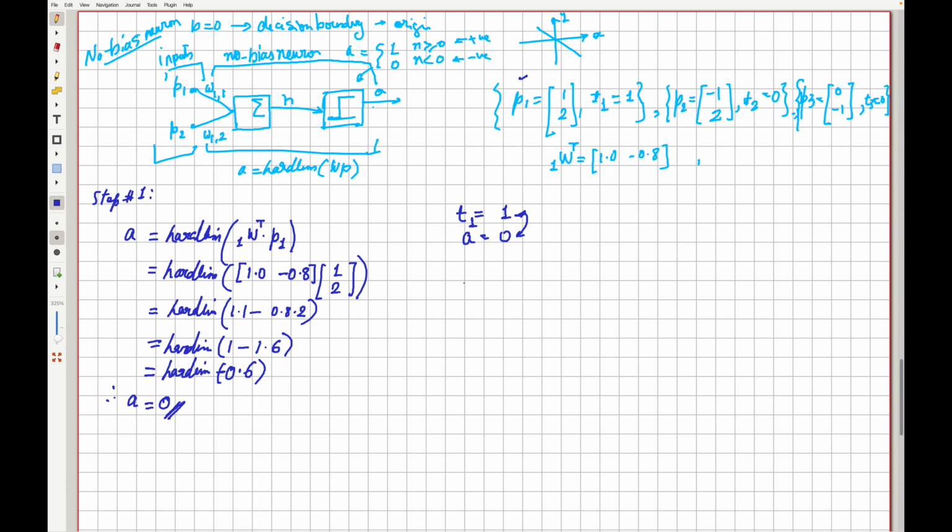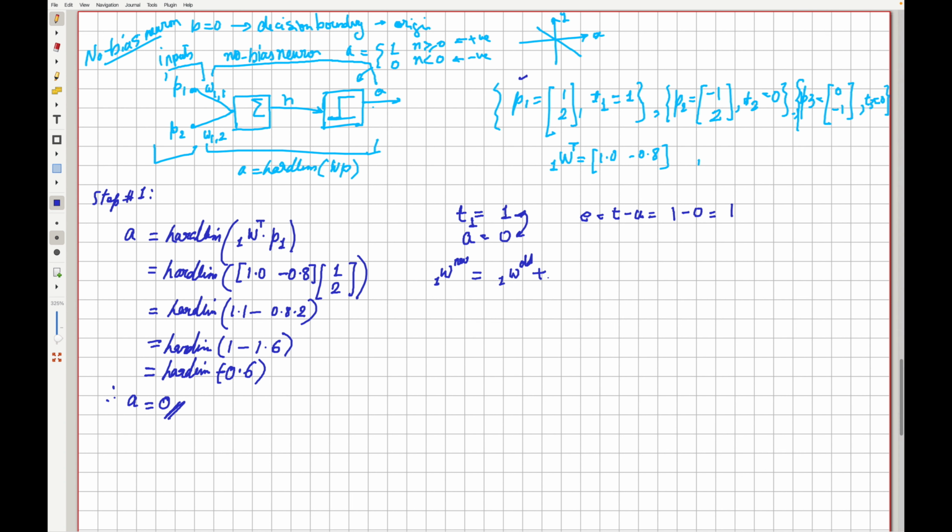So what we do is we calculate the new W. So 1W new is equal to 1W old, and what we do is we subtract or add the input based on what we have here. So if we try to get the value of error, error is equal to t minus a, and in this case the error that we have is going to be 1 minus 0, that equals 1.